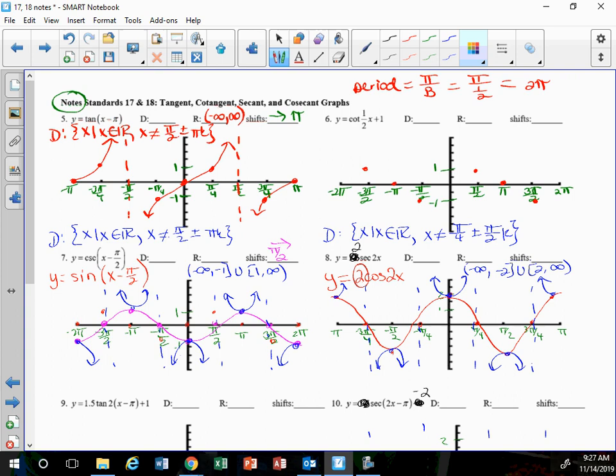And then I have to shift up 1. So you're going to take each dot and just move it up 1. Does that change your asymptotes at all? No, they go forever up and down, so they're still in the same spot even when you move them up 1. And then you just sketch the shape.